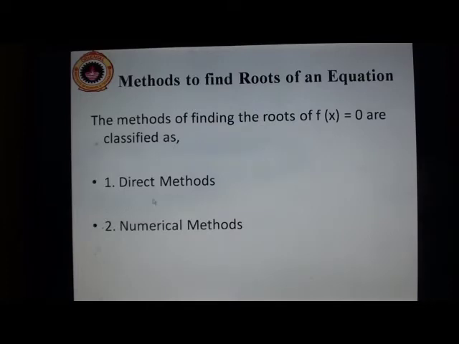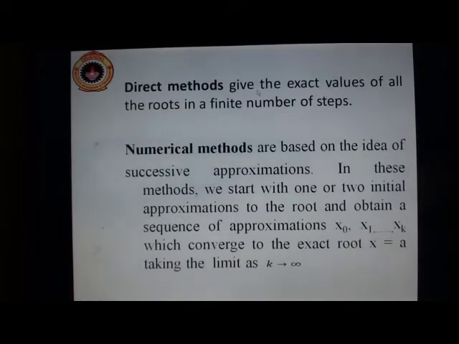Therefore, the methods of finding the roots of an equation f(x) = 0 are the direct method and the numerical method. The direct method gives the exact value of all the roots in a finite number of steps. But the numerical methods are based on the idea of successive approximation.